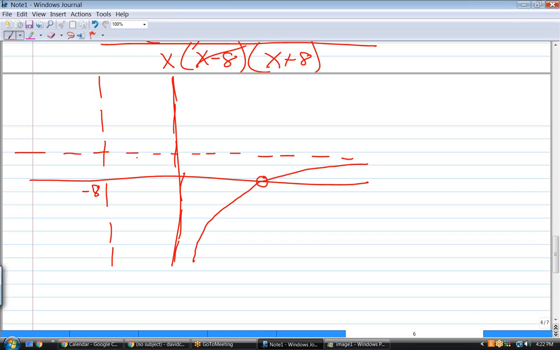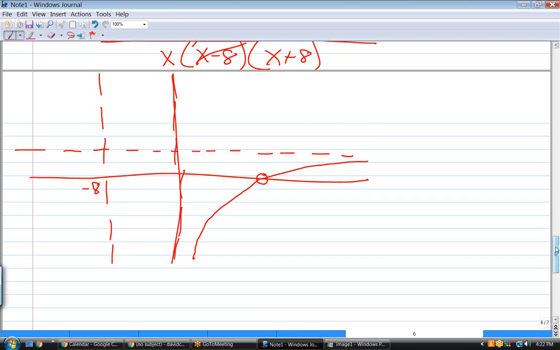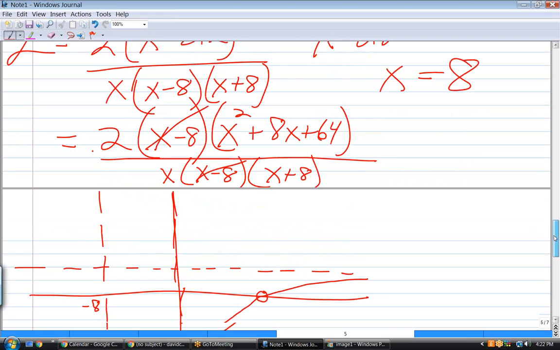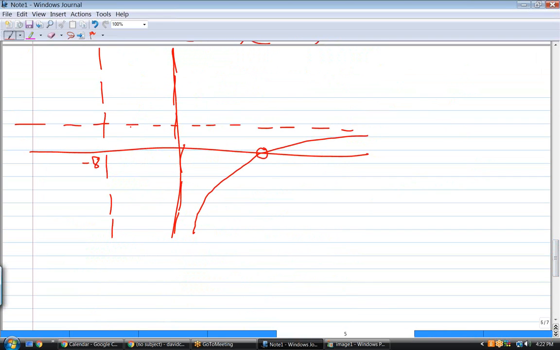Now, it might be useful to know whether it crosses my horizontal asymptote. Well, for that to be true, the y value would have to be 2. If at any point the curve, whatever's in between these two asymptotes here, crosses, and it is allowed to cross horizontal asymptotes.